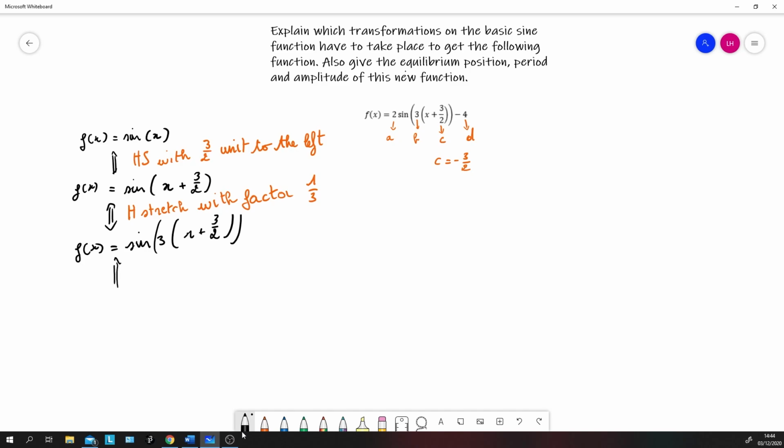Next, we are going to implement the amplitude. That's 2, that's easy. So it's 2 sin 3(x + 3/2). And what's happened here, our vertical stretch: we vertically stretched our sine function with a factor 2.